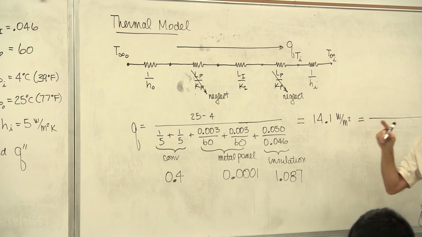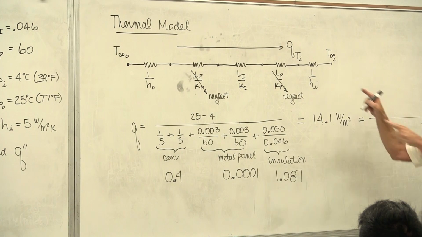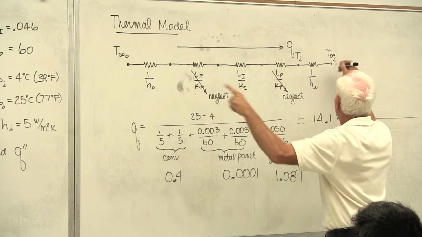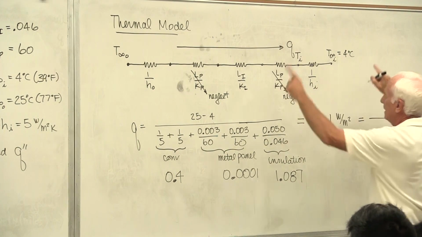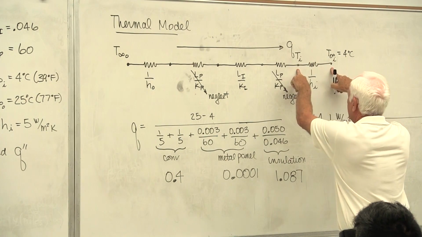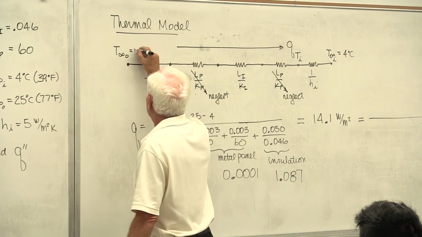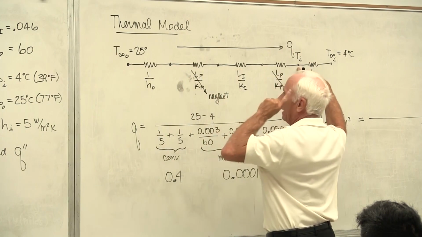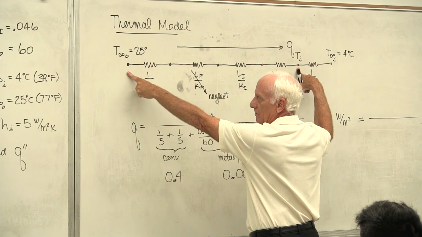Put your finger between TI and some temperature you know. T infinity I, 4 degrees. Put your finger between the temperature you want to find and what you know. There. You don't like that? Put your finger between two temperatures, or what you want to find, and what you know. It gives you the same answer either way.